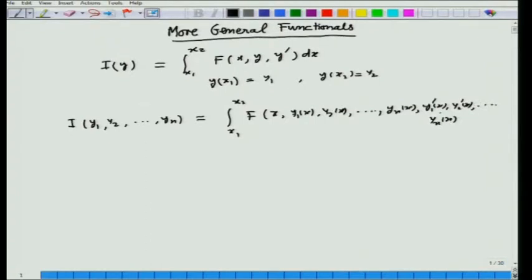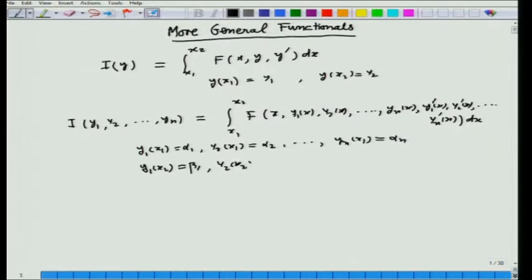yn'(x) dx, and then these yi's are to satisfy the boundary conditions that y1(x1) equal to alpha 1, y2(x1) equal to alpha 2, and so on, yn(x1) equal to alpha n, and y1 at x2 is beta 1, y2 at x2 is beta 2, and so on, yn at x2 equal to beta n.